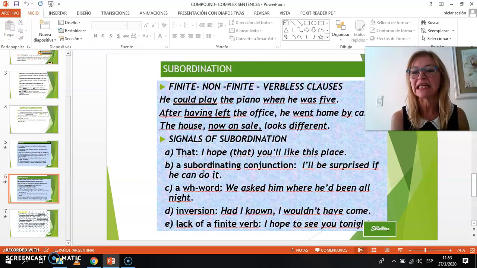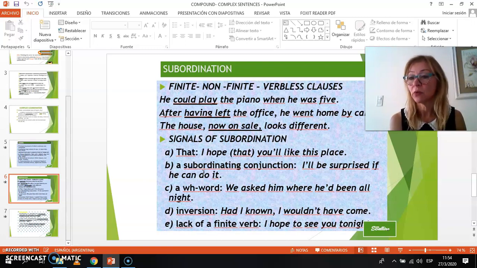So the subordinating conjunction is always present, but it's not the only way of expressing subordination. Let's see another case. In C, a WH word indicates subordination: we asked him where he had been all night. That where introduces a subordinated clause.